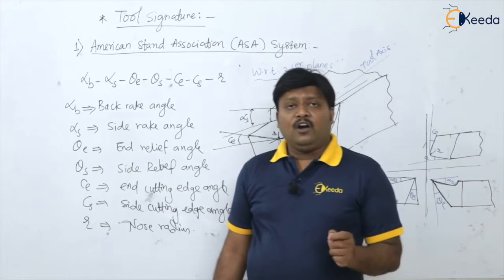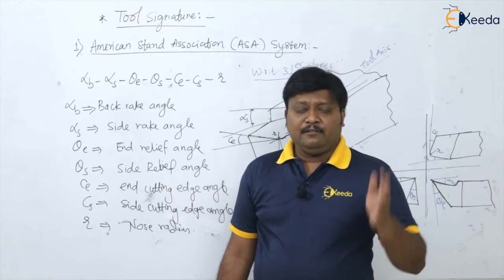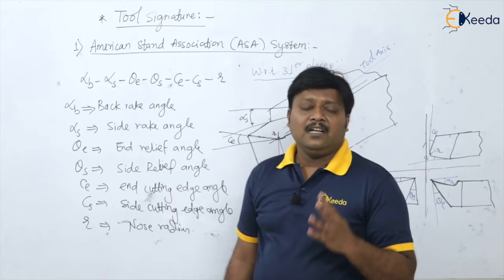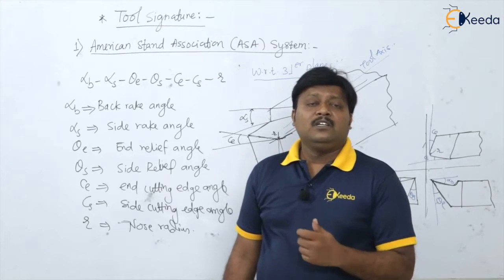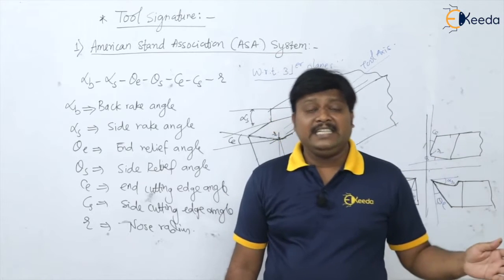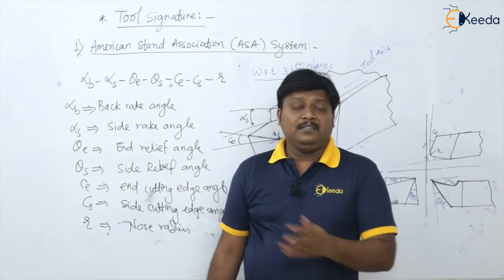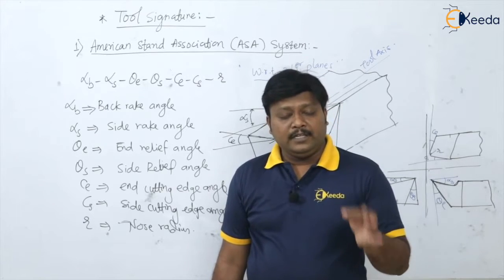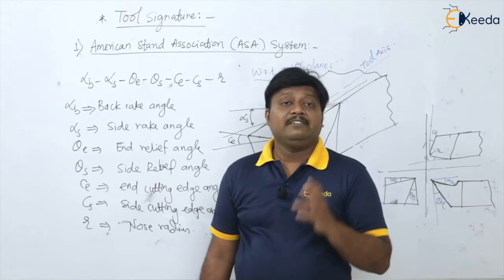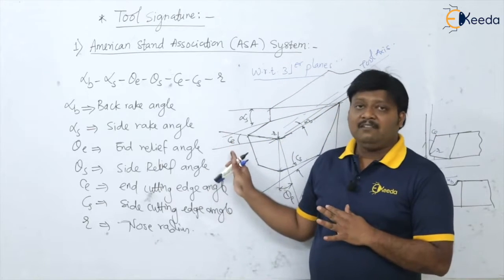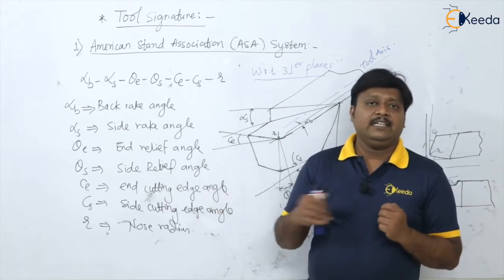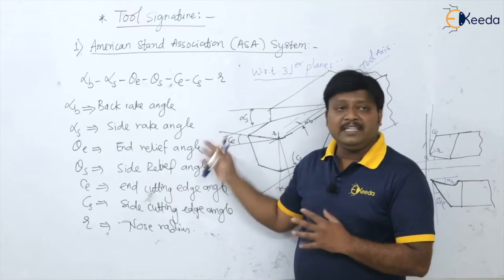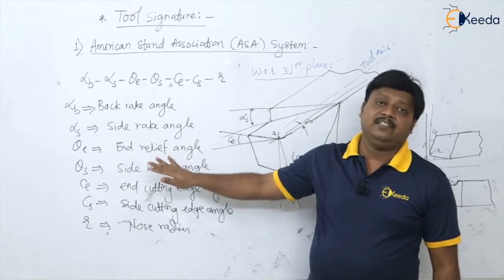Why? Because in the analysis, when we are measuring these various angles on the tool with respect to the major cutting edge of the tool, then what happens? The measuring and the analysis are going to be much easier. Here the advantage is that measuring is okay, indication is okay, remembering is okay, but analysis is difficult.